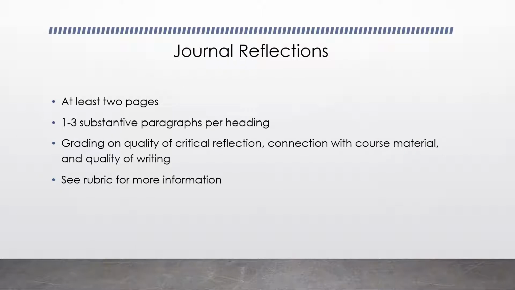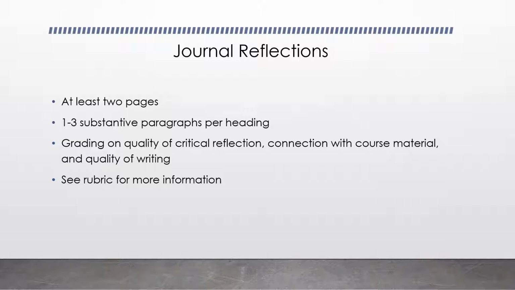Okay, now to talk a little bit about the journals. Each of the journals has 7 sections that need to be answered. Again, see the syllabus as well as the template on Canvas. For each of those sections, you need to have at least 1 to 3 solid paragraphs per heading. What I mean by that is, you need to have paragraphs that are complete, 4 to 5 sentences per paragraph.